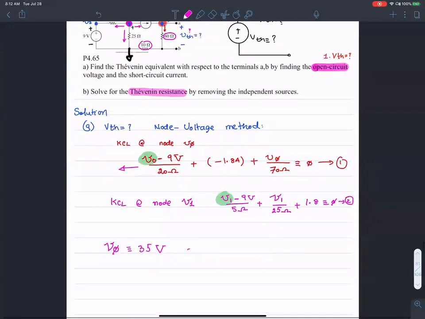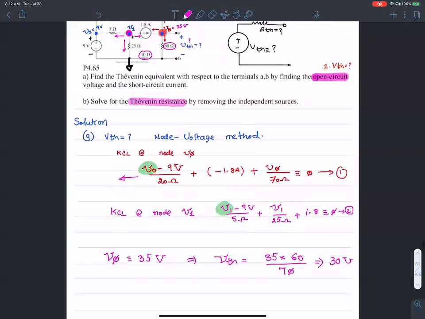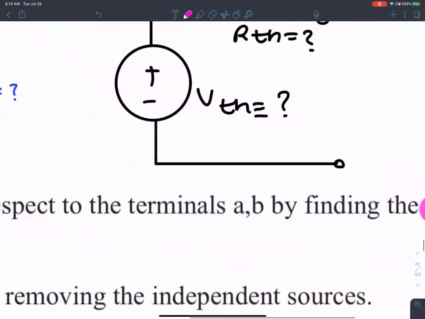VTH equals 35 times 60 over 70, that is 60 plus 10, the voltage division, which implies that it is equal to 30 volts. So the Thevenin voltage, V Thevenin, equals 30 volts. That's the first problem I wanted to solve.